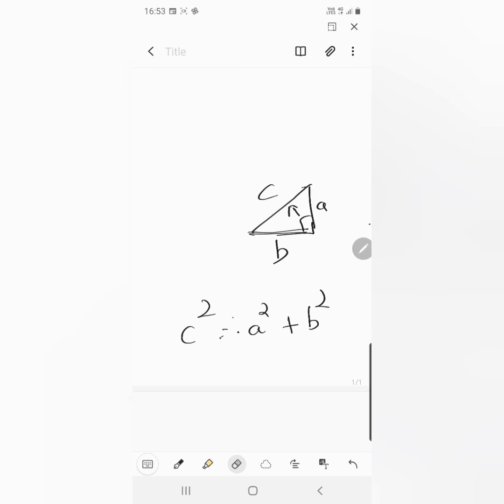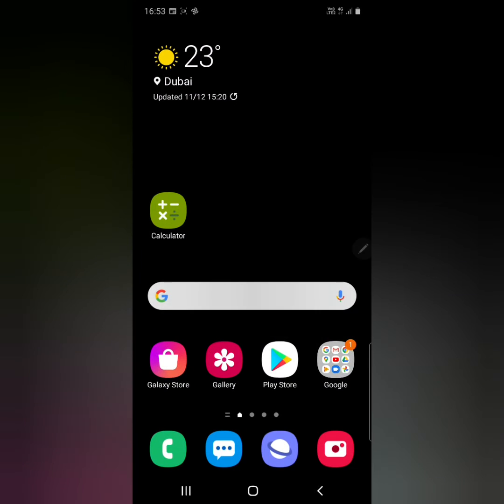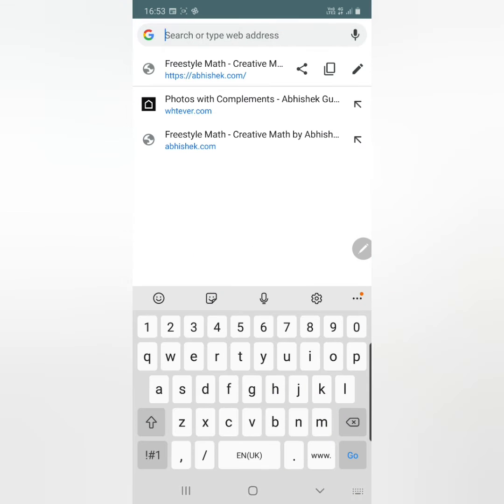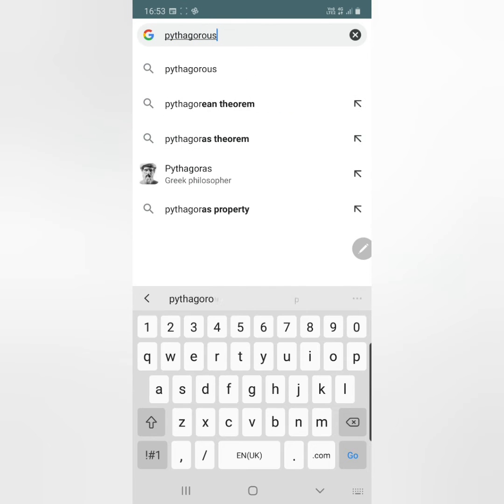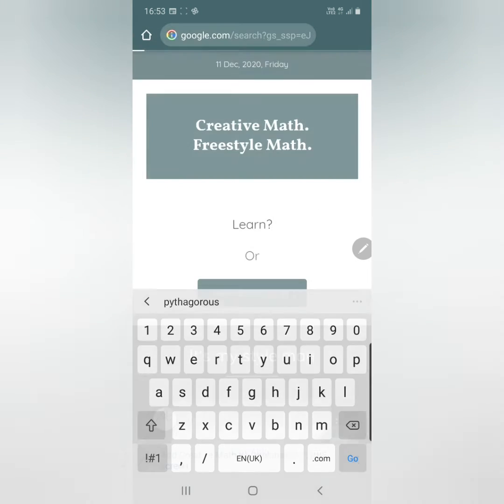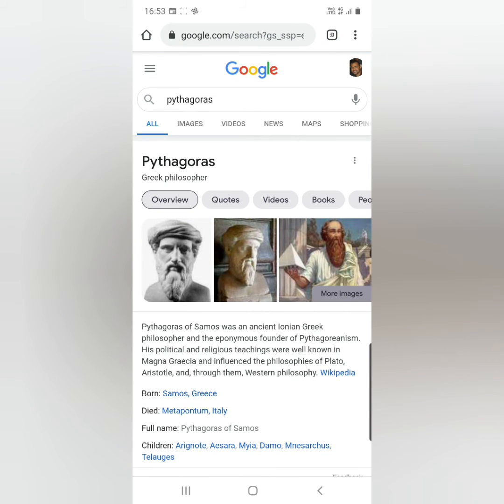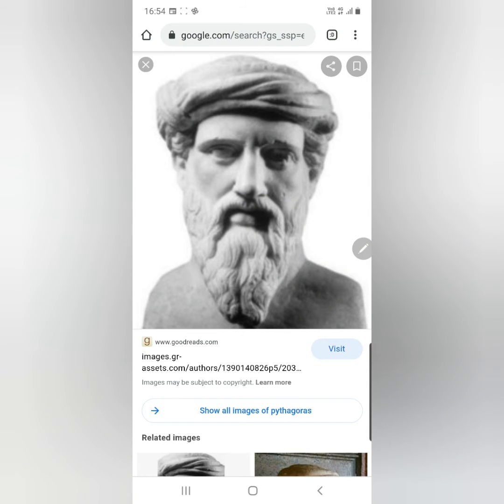Pythagoras, the wonderful scientist. I actually feel like showing you the face of Pythagoras. I remember seeing it. So yeah, that's Pythagoras, the Greek philosopher. This picture kind of stays in my mind. So yeah, it's cool.